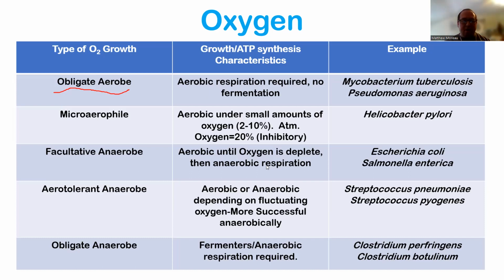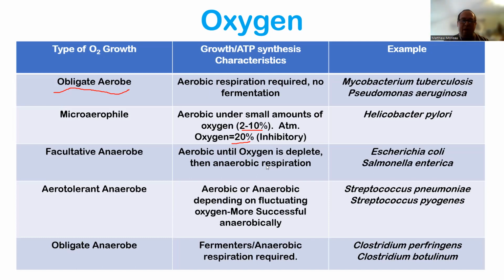Microaerophiles are bacteria that can grow under aerobic conditions, but only small amounts. The oxygen level has to be between 2 and 10%, compared to atmospheric oxygen, which is actually 20%, because 70% of atmospheric air is actually nitrogen, right?